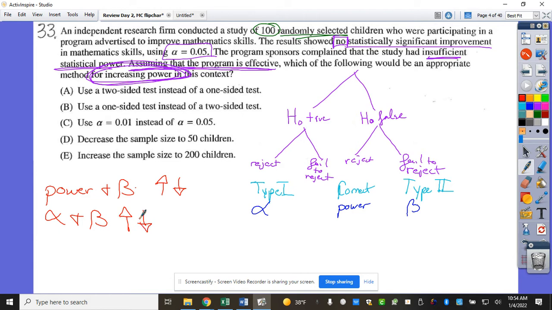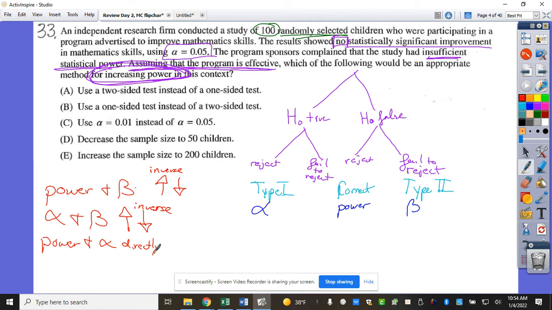If power and beta are inversely related, and alpha and beta are inversely related, what about power and alpha? So as one goes up, the other one goes up. As one goes down, the other one goes down.